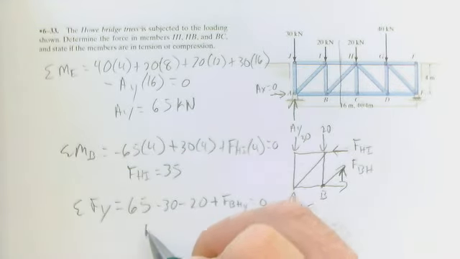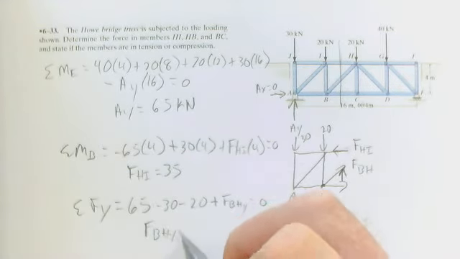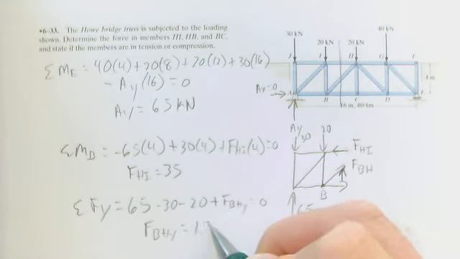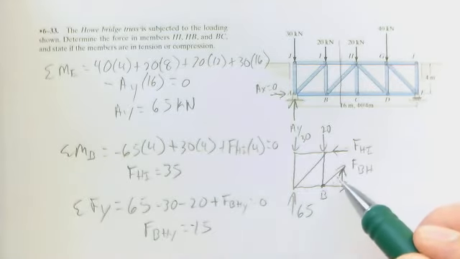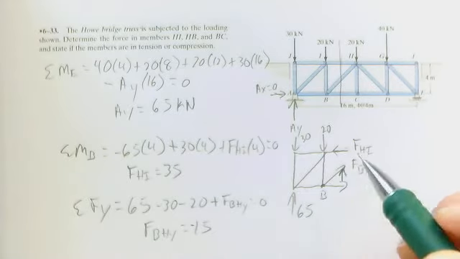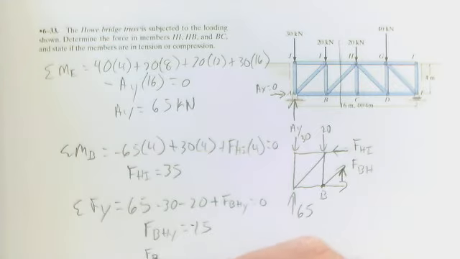So FBH in the Y direction equals 15. And that's a negative 15, isn't it? Because we move those over there. Oh no, subtract that off, you get 15, move it over, it becomes negative 15. And this is a 45-degree angle, so FBH is equal to 21.2. I'll also call it negative because it's going down now.